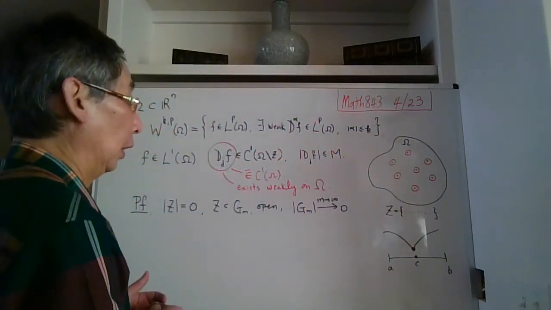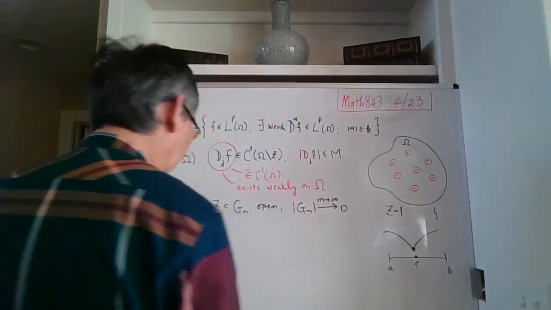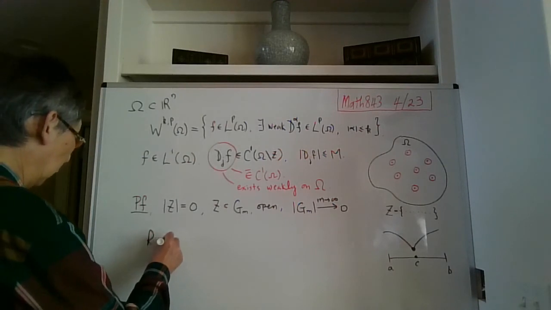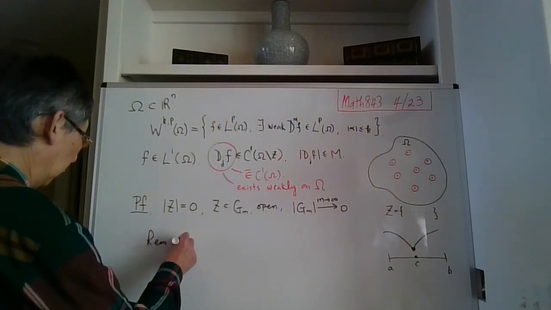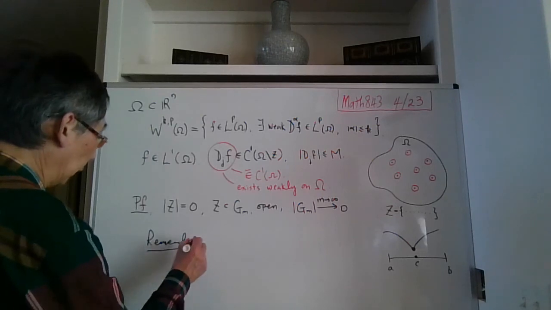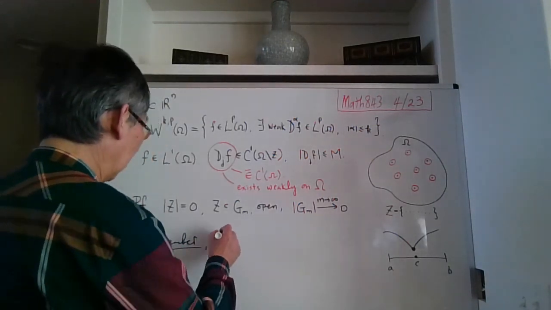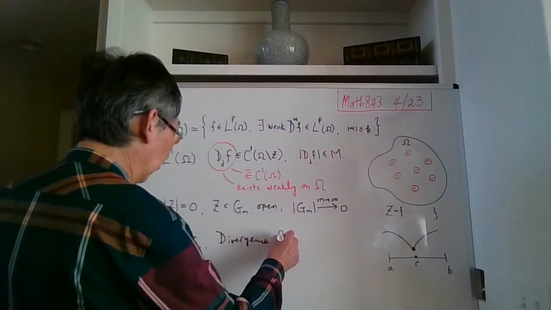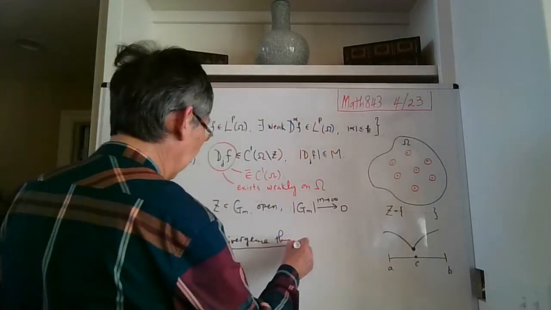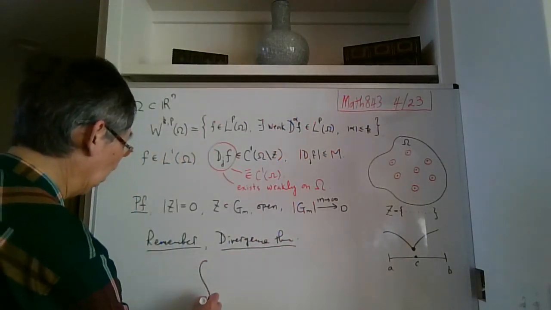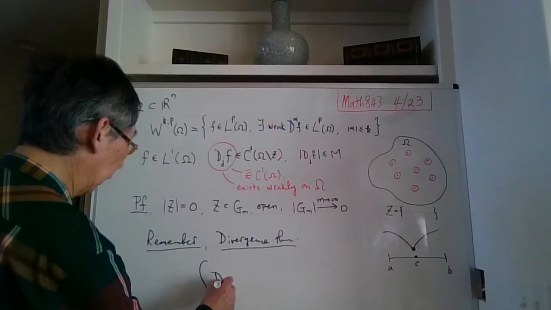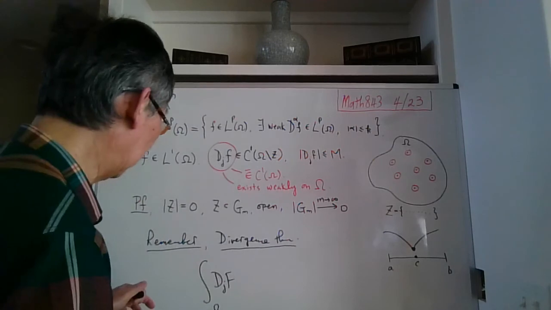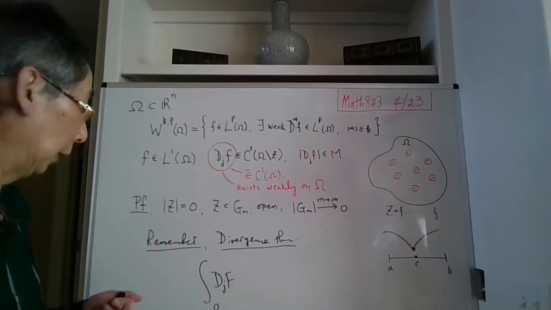Okay, so this is our approach. Now in order to begin to prove this, we need to remember a theorem called the divergence theorem in the multidimensional case. The divergence theorem says that, suppose you have a scalar function f on Omega, and suppose the boundary is smooth.